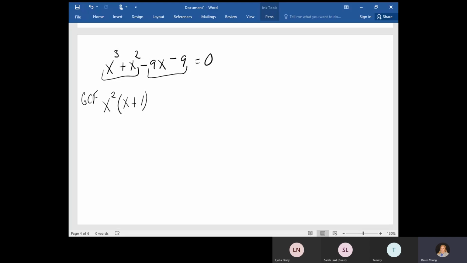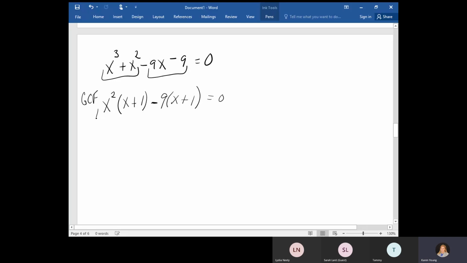It's going to give me 1. And then, since my 9x is negative, I want to factor out a negative, regardless if both of them are negative or not. And these both have 9s. I factor out a -9. And then I'm going to have x plus 1, because -9 divided by -9 gives me a +1.